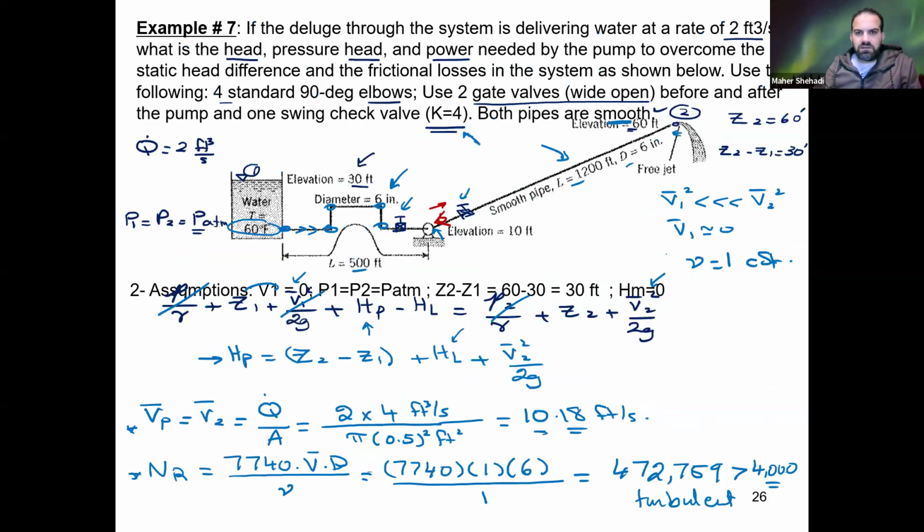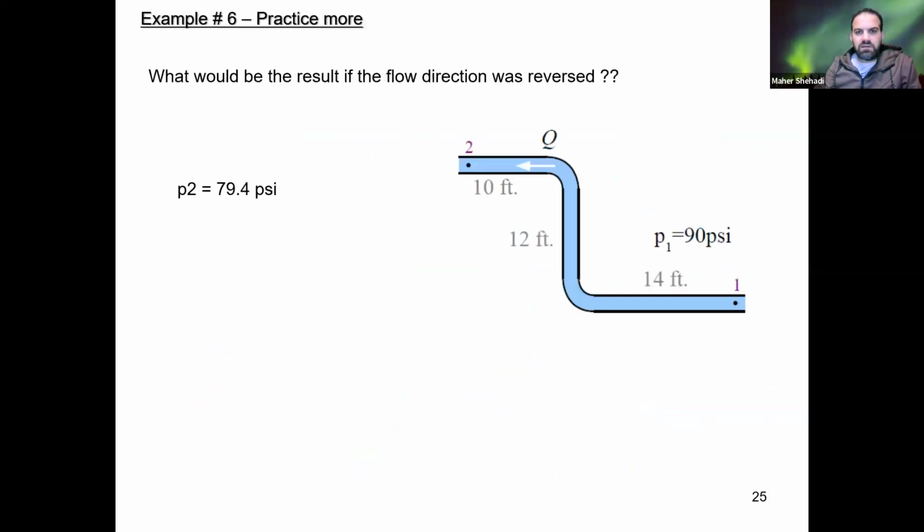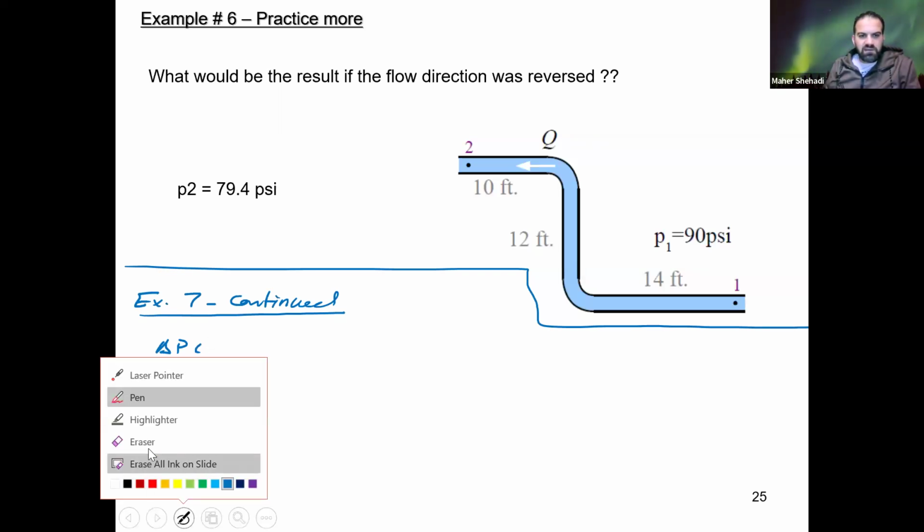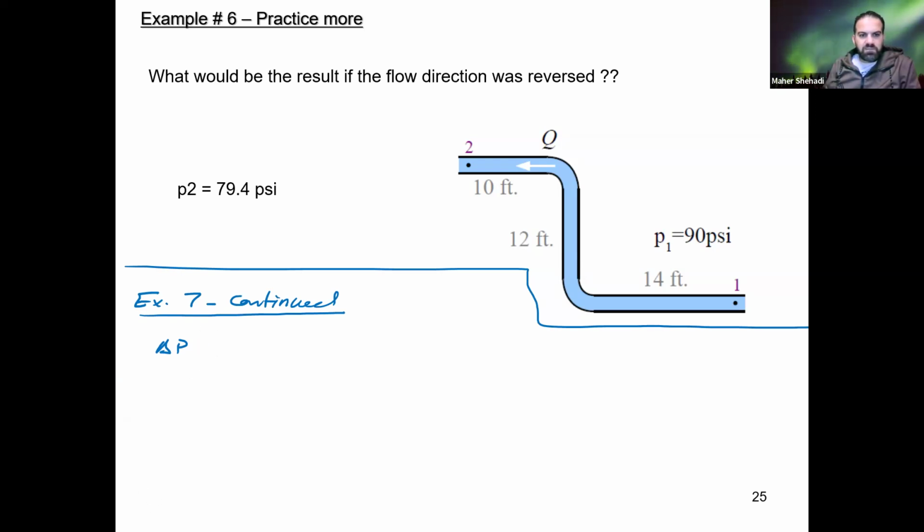Okay. Let's do it here. So first, delta P. Let's skip the units for just a second. This is going to be first in pounds per square foot.